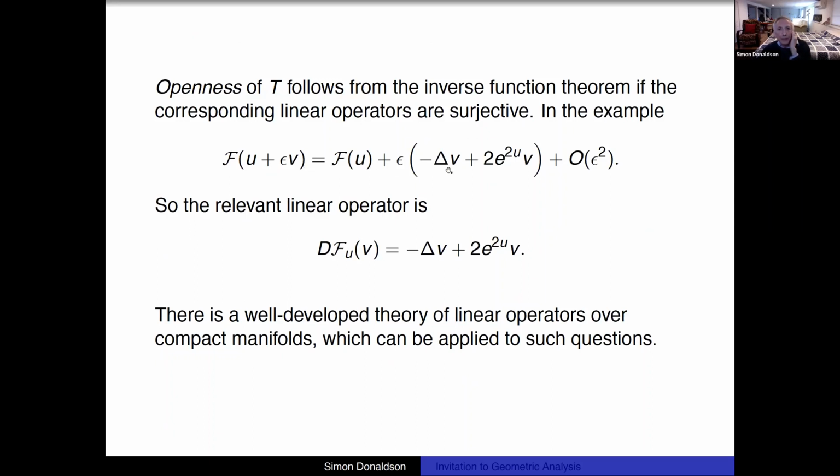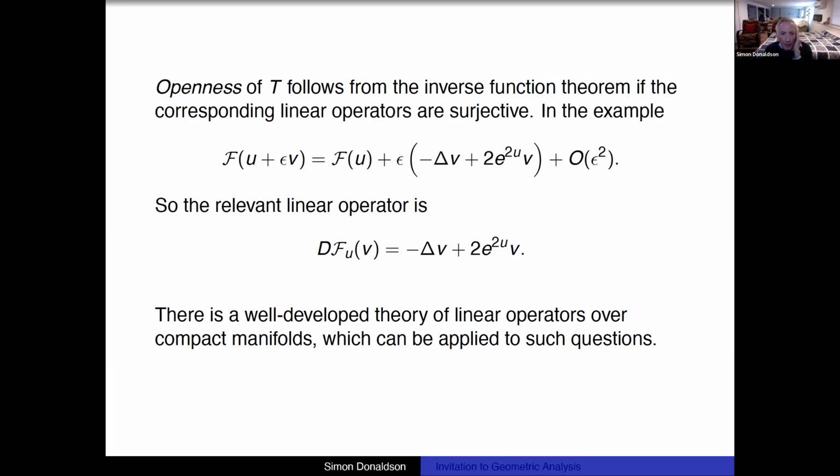Because the one term is just linear, we just get this here, and then all we're doing is differentiating in the ordinary sense this exponential term. So the linear operator, which is the derivative of this thing here at a point u, maps v to the Laplacian of v plus this scalar term.